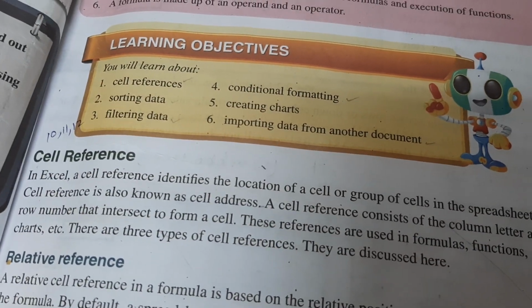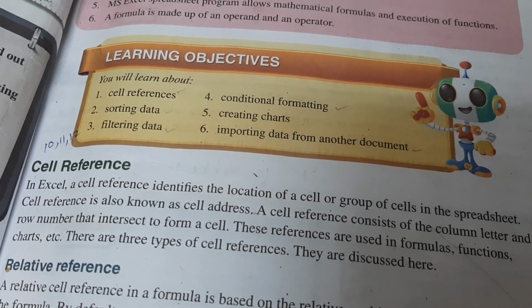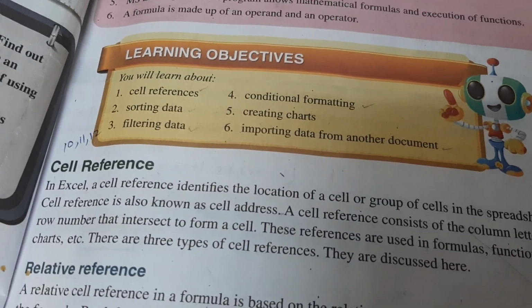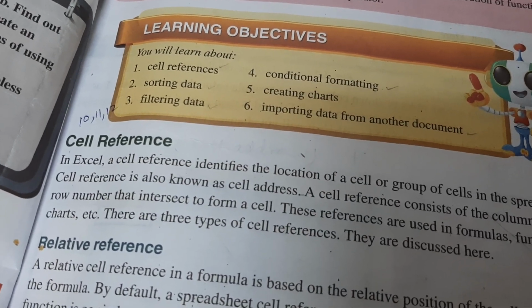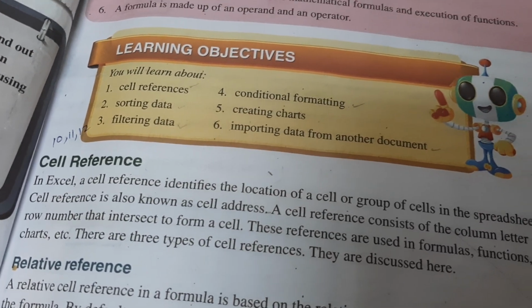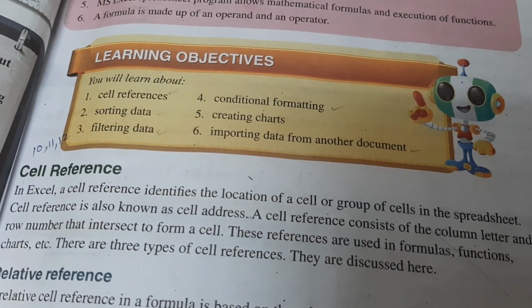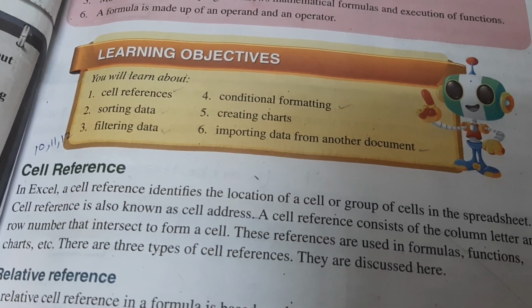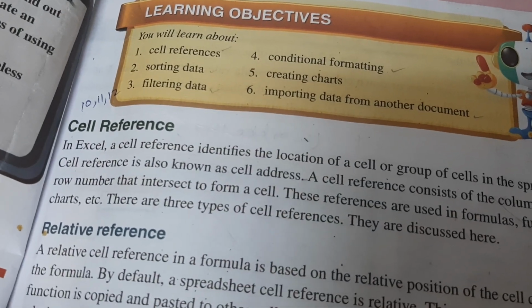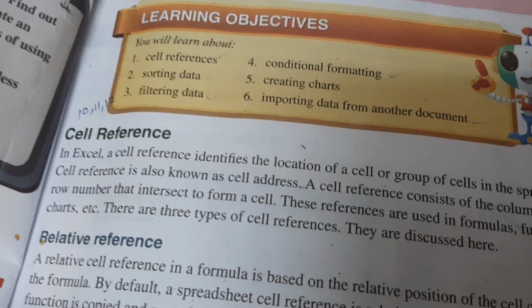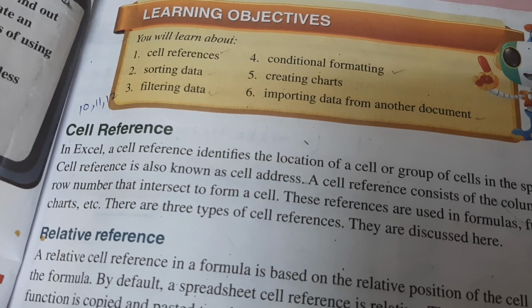A cell reference consists of a column letter and row number that intersect to form a cell. These references are used in formulas, functions, charts, etc. There are three types of cell reference.